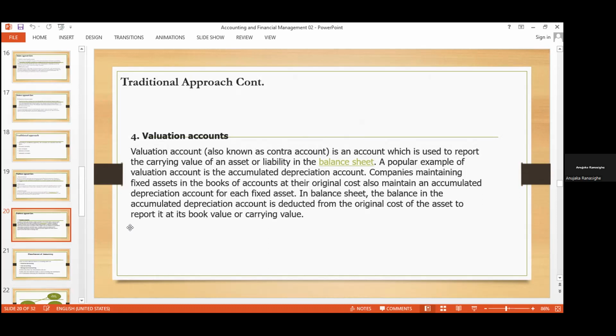depreciation and recovered amounts and depreciation of loan amounts, receiving amounts, receivable amounts are prepared by the transaction into the valuation accounts.